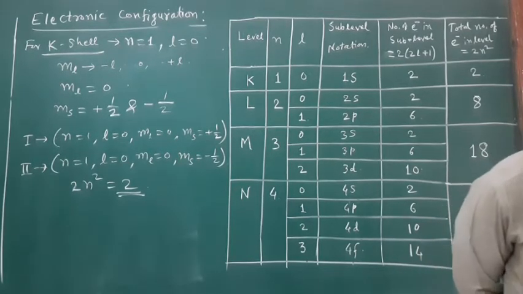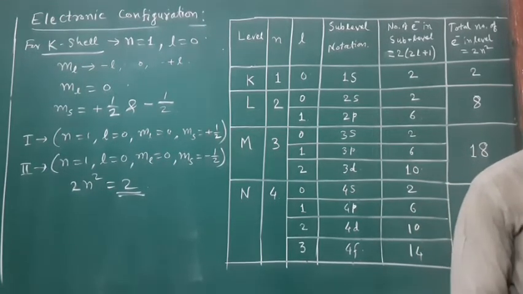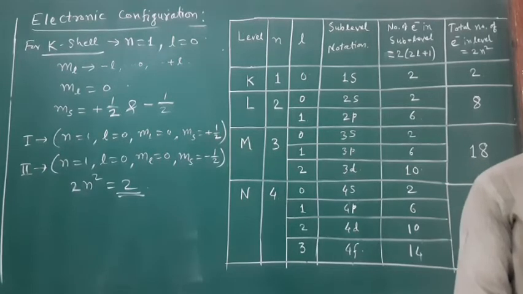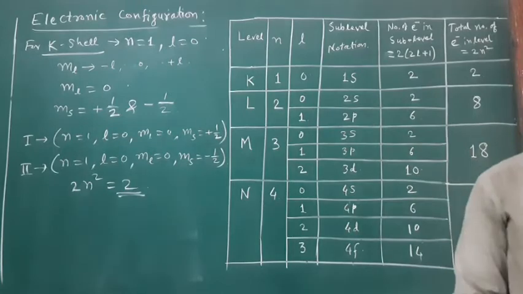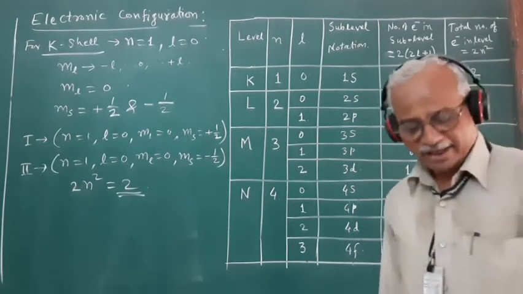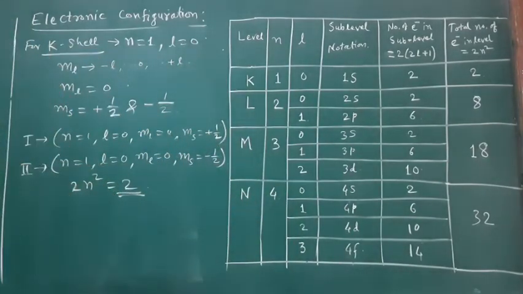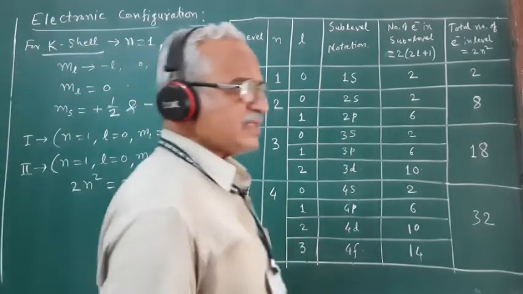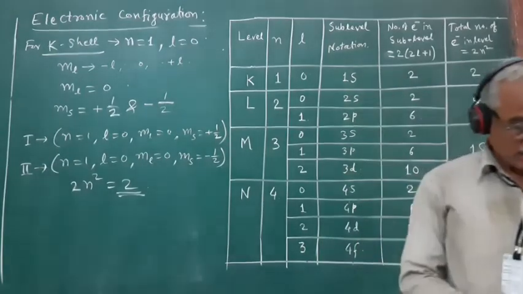The state of an electron in a given orbital is specified by the 3 quantum numbers n, l and ml, and out of the 2 electrons in an orbital, 1 electron has the spin magnetic quantum number ms equal to plus half, and the other electron has the spin magnetic quantum number ms equal to minus half.